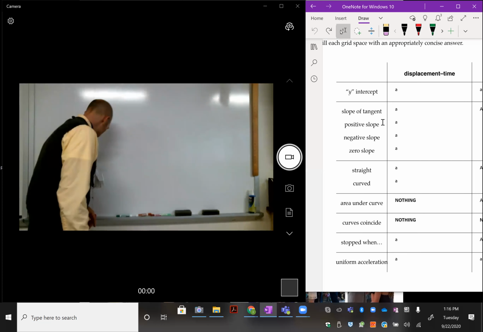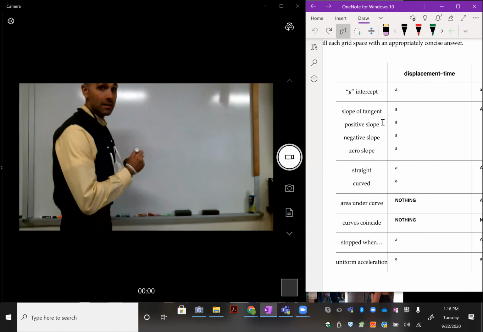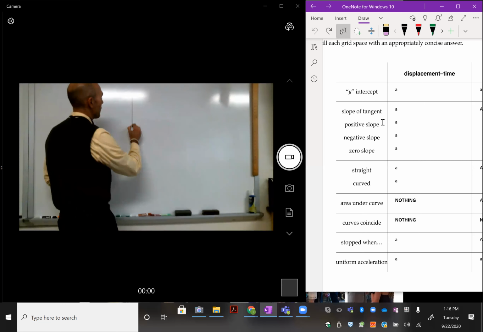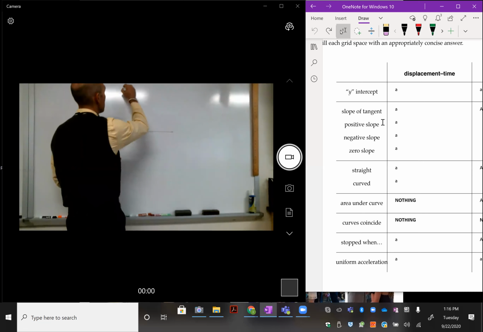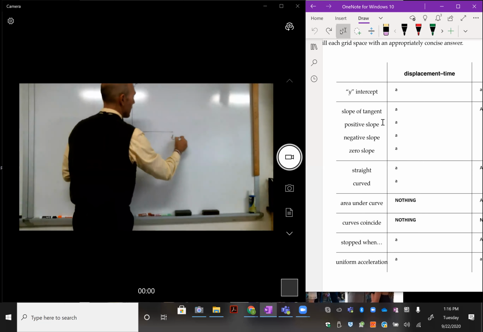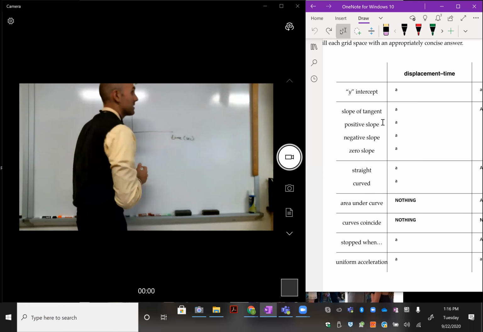So let's get a position versus time graph up here, in the most general form. Position in meters and time in seconds.